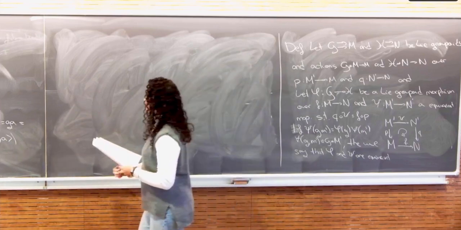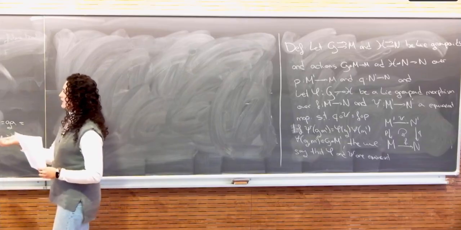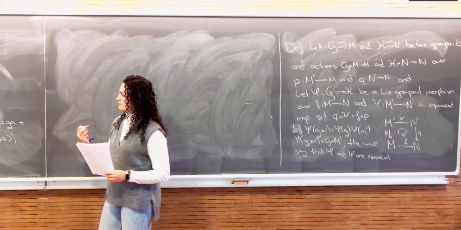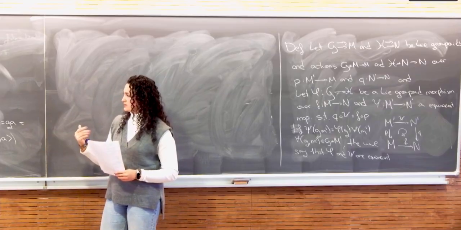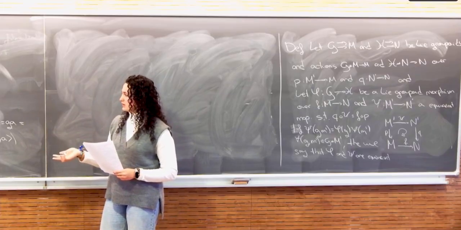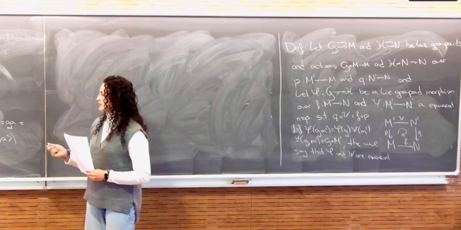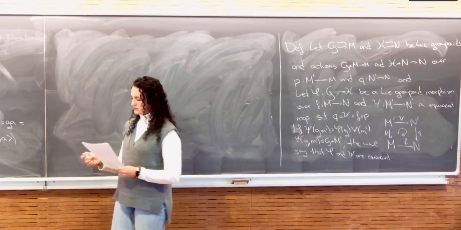Now, what happens if we have a principal bundle and we want to make a relation between the action of the gauge groupoid on the associated fiber bundle to an action of the group over a manifold, and the same thing but with the action of the group over a different manifold.